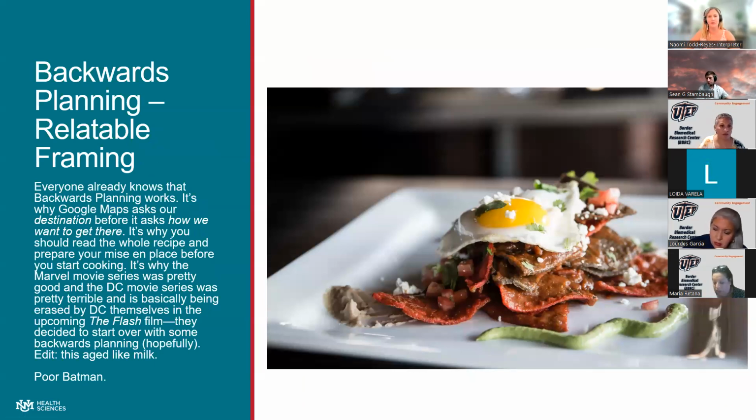So looking a little closer at backwards planning or backwards design, I just wanted to mention that this is a process that a lot of us actually already do in a lot of different places in our lives. We already know that backwards planning works. It's a part of why Google Maps asks for your destination first and not your starting point.